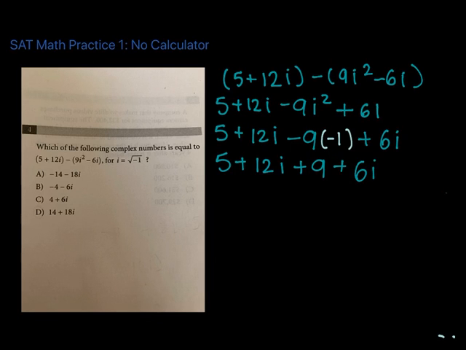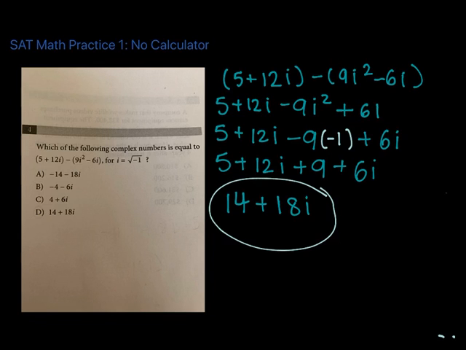Now we can just add up the like terms, so we know 5 plus 9 is 14, and 12i plus 6i would be 18i. We don't need to multiply it by the square root of -1, that is not necessary, so we can just leave it as 14 plus 18i. And let's check our answer options, and the answer with 14 plus 18i is option D.